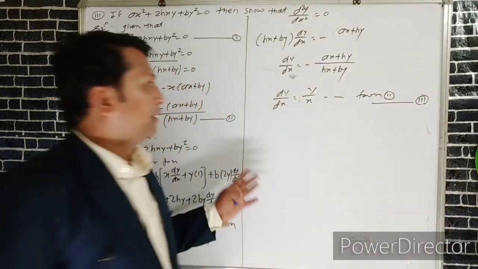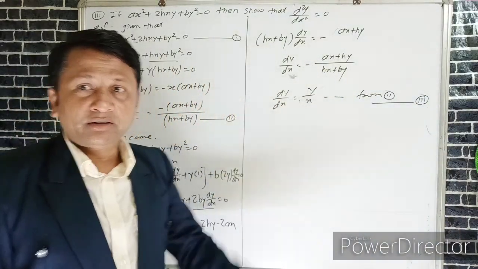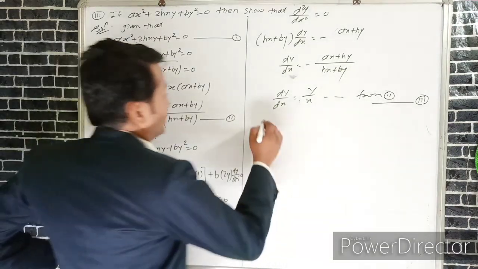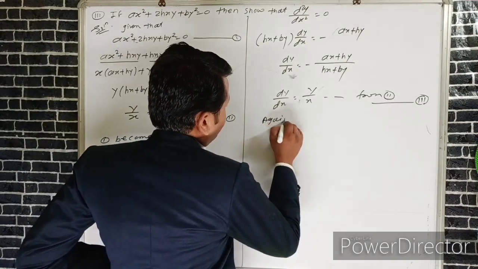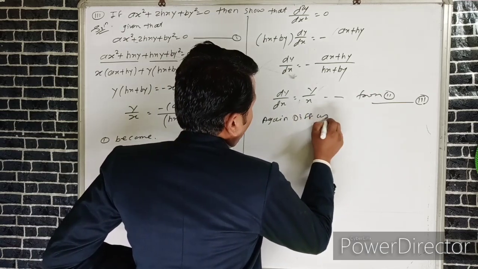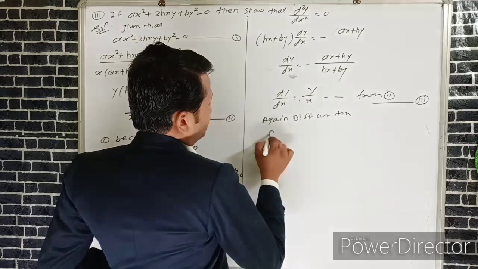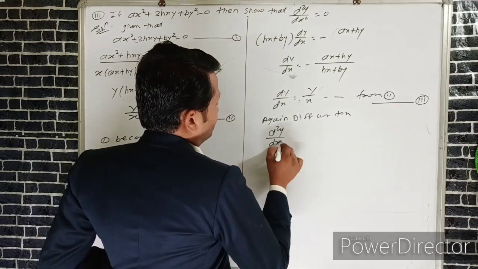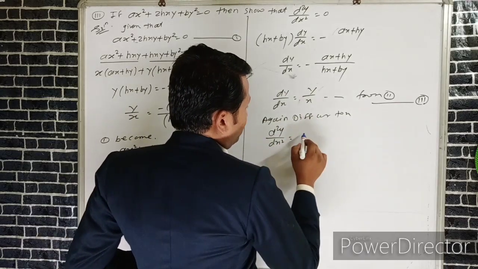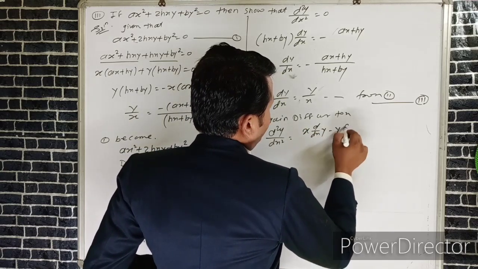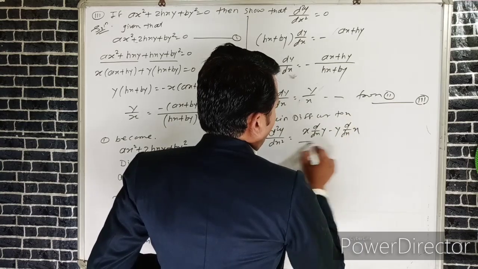But here we have to find the second order derivative, d2y by dx square. Then we again differentiate with respect to x. Here the derivative of dy by dx, which is d2y by dx square, by applying the u upon v rule, is x into the derivative of y minus y into the derivative of x upon x square.